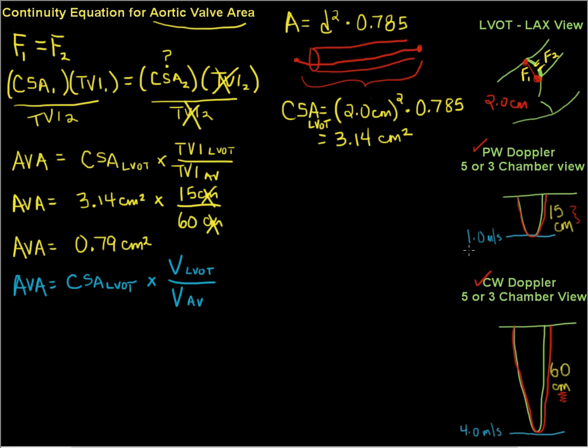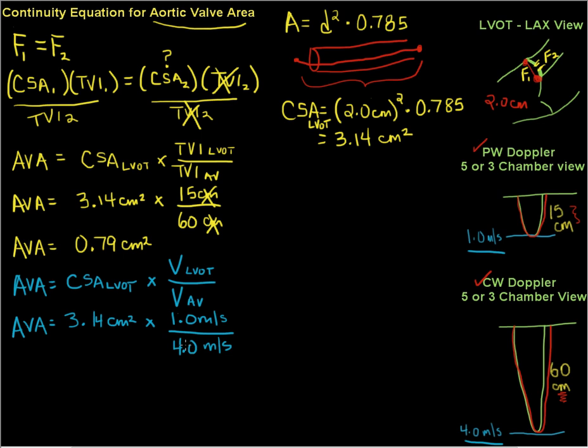The velocity at the LVOT is 1 meter per second. Velocity through the aortic valve is 4 meters per second. So the aortic valve area is equal to the cross-sectional area of the LVOT, 3.14 centimeters squared, times the velocity of the LVOT, 1 meter per second, divided by the velocity of the aortic valve, which is 4 meters per second.